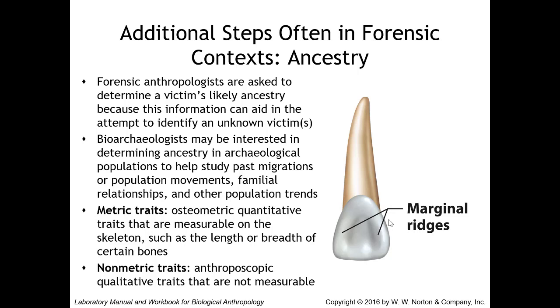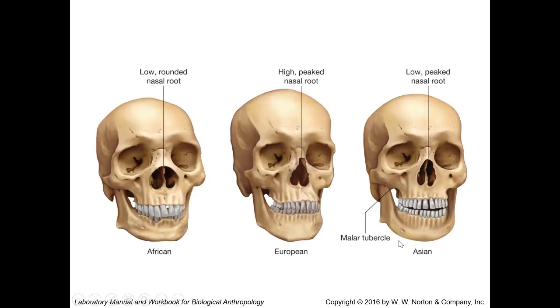Finally, we are dealing with the ranges of different populations and how they overlap. Right, so this is an example of shovel-shaped incisors. Here we have the nasal root that we're looking at, between the three populations that we talked about. Right, so that's the first extra step.